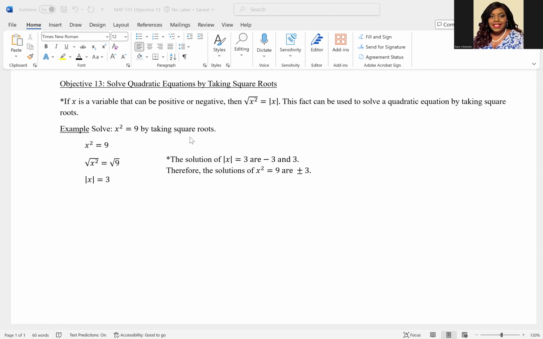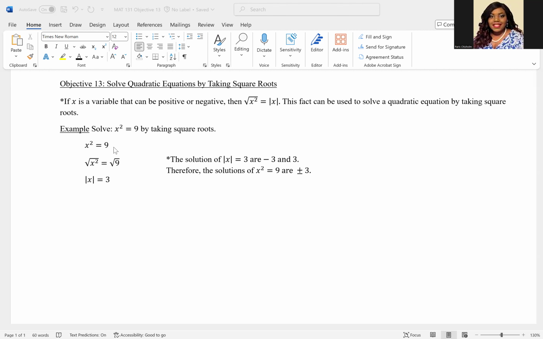So for this first example, we want to solve x squared equals 9 by taking square roots. So we want to think, if x squared equals 9, okay? The way that we solve equations before, we kind of work backwards to figure out what x equals.